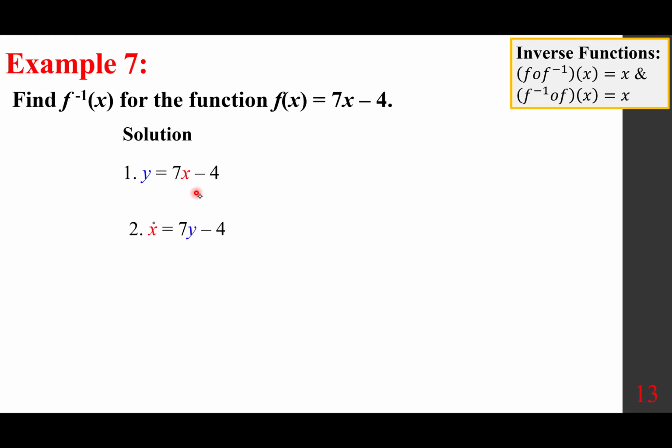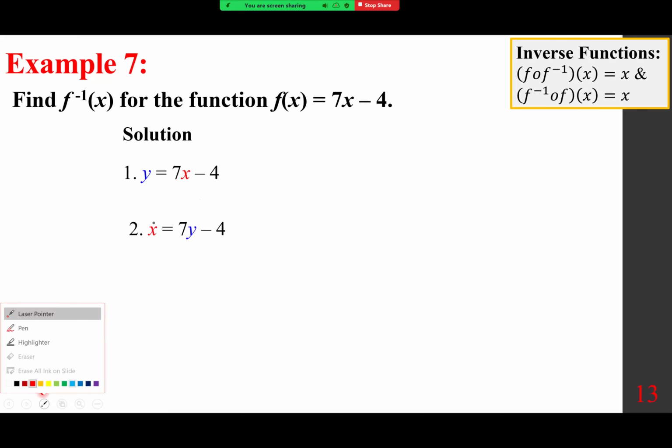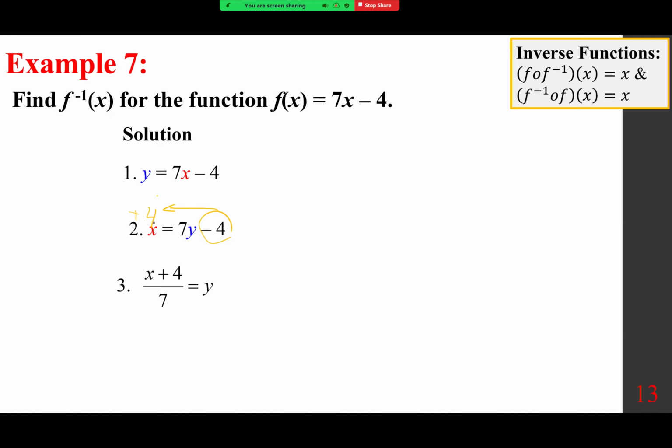Right here, everybody, we do have the inverse. However, we solve for y, which means we move the minus 4 and we make it plus 4, and then we divide by 7. And we give it the name f inverse. We are done with finding f inverse.